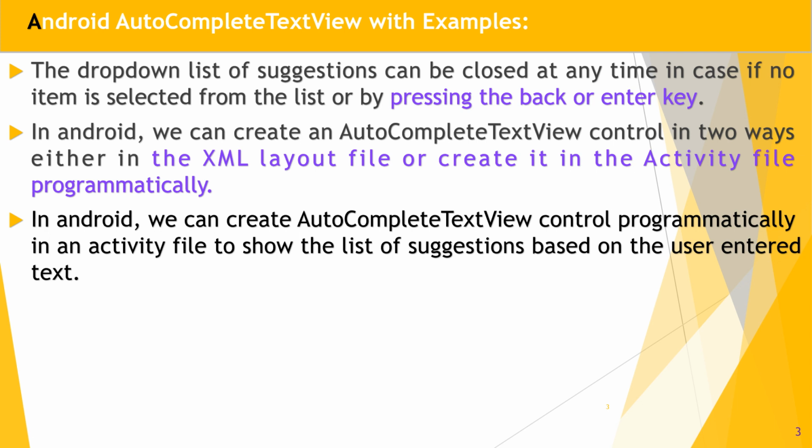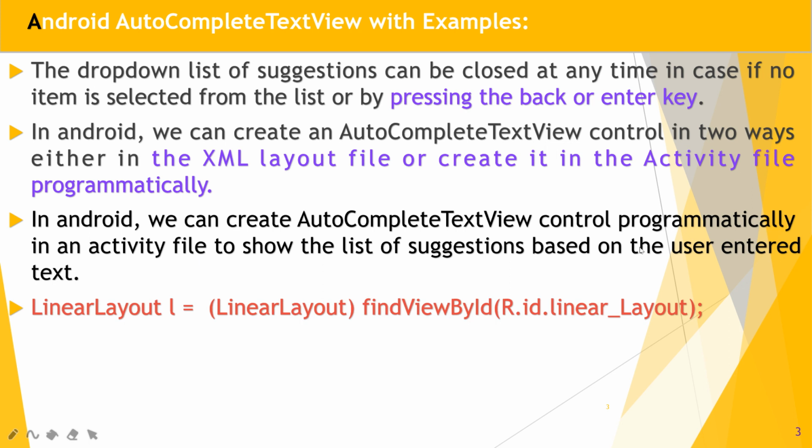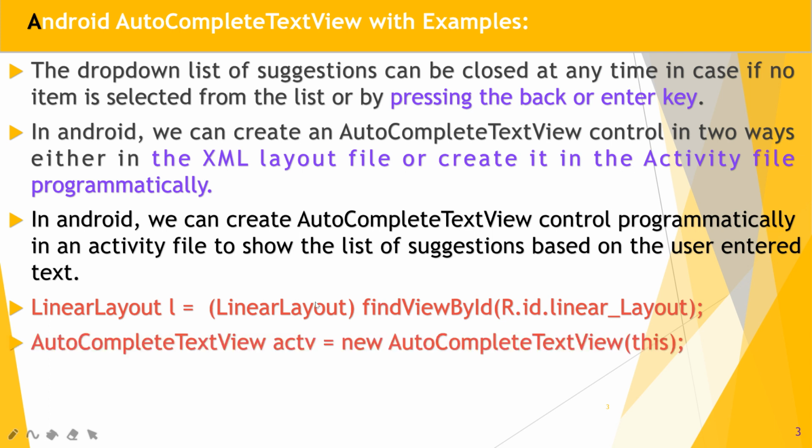In Android, we can create an autocomplete text view control programmatically in the activity file, that is MainActivity.java, to show the list of suggestions based on the user entered text. First create the object of the layout using the findViewById method. Then create the object of the autocomplete text view class. Then add the autocomplete text view into the linear layout by using the l.addView method.